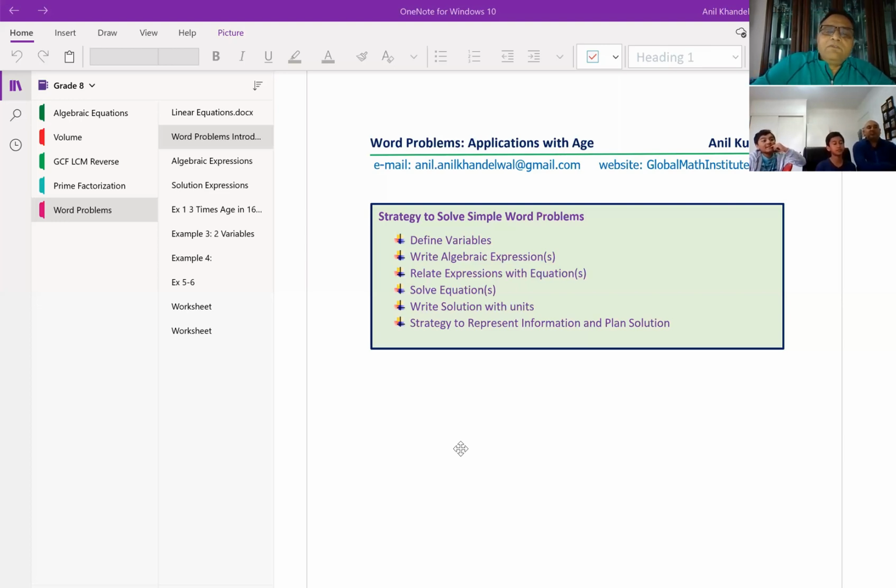Okay. We'll also see how to write an algebraic expression. Now, when we say algebraic expression, it really means it will have a variable for sure, but it will not have an equal to sign. When I place an equal to sign, it becomes an equation. So normally, when there is a phrase in English, that phrase gets translated into an expression in mathematics. And when there is a sentence, then the sentence is translated into an equation in mathematics.